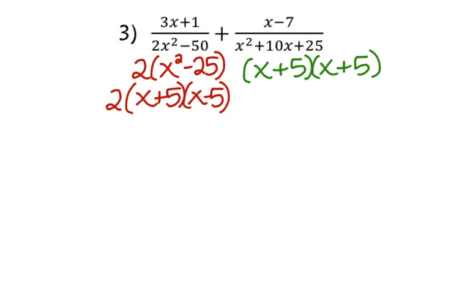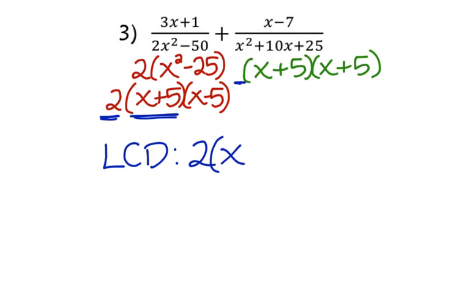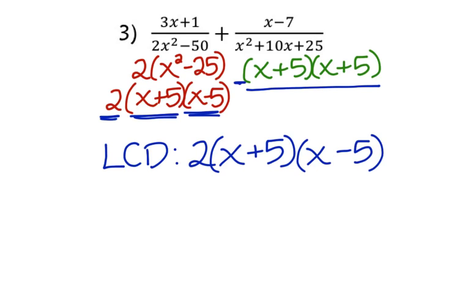Okay, so for the least common denominator, looking at those numbers in front, I definitely want a 2 in there. It's 2 and 1, so 2 would be the least common denominator for that. I need to include the x plus 5, and then I need to include the x minus 5. Now, that takes care of obviously everything in that first fraction, but now I need to look at this.